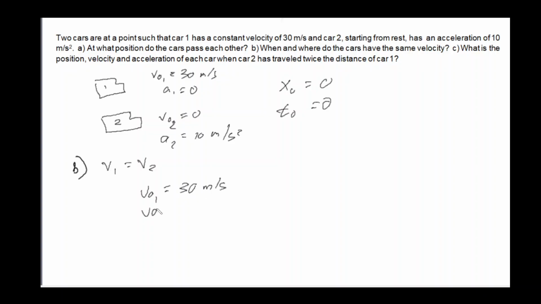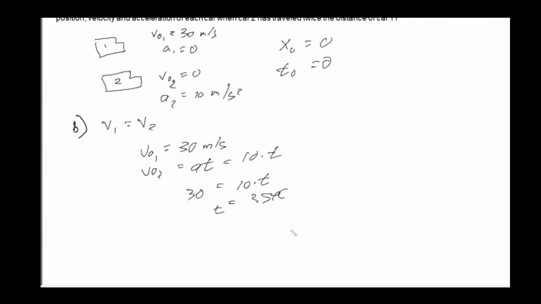And for car 2, the velocity will be equal to at, which is equal to 10 times t. So V1 equals V2, then 30 is equal to 10t, or t is equal to 3 seconds. So that is when the cars have the same velocity.